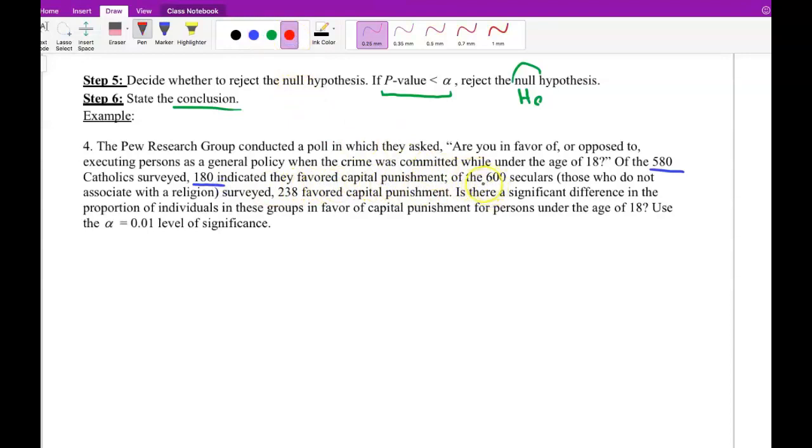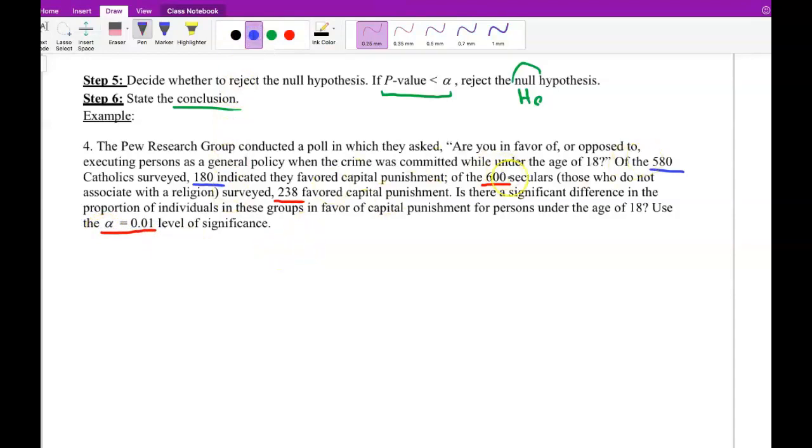And here we have, of the 600 seculars surveyed, 238 favored capital punishment. Now the question is, is there a significant difference in the proportion of individuals in these groups in favor of capital punishment for persons under the age of 18? Alpha is given, so the level of significance, alpha is 1%.